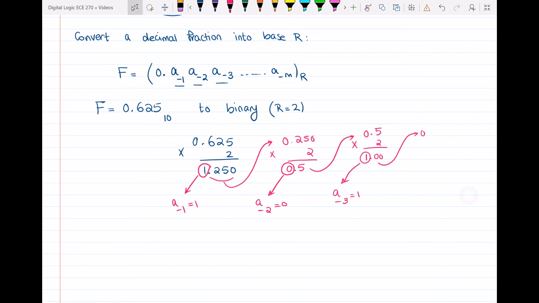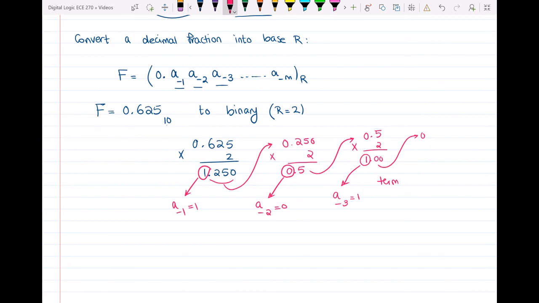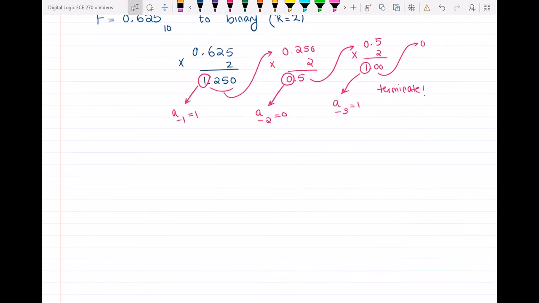So this means that the process will terminate here. So 0.625 in decimal is equal to 0.101 in binary.